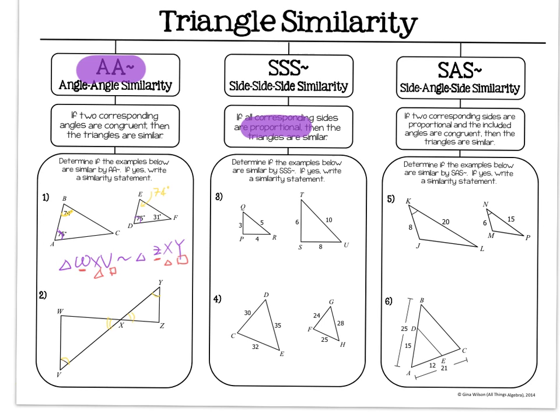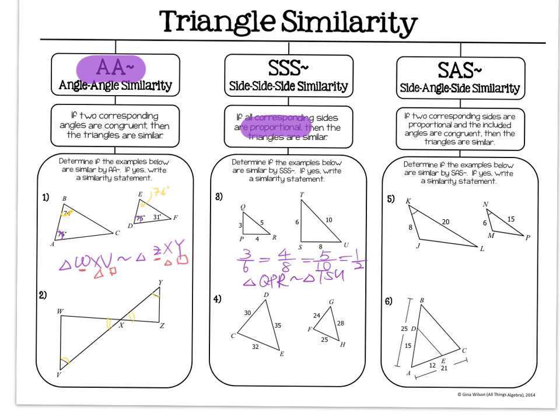In this example below, if you look at 3 and 6, 4 and 8, and 5 and 10, the ratio is 1/2, which is the scale factor of the two triangles. Then you can say triangle QPR is similar to triangle TSU. That's how we do it.